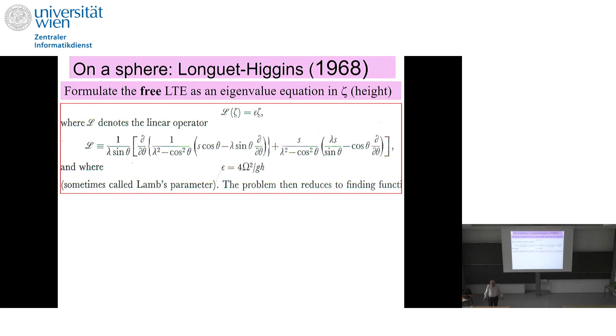So K times C is the omega. But allow me to skip this. I think also his theta is, if I remember correctly, the co-latitude. He uses the co-latitude.